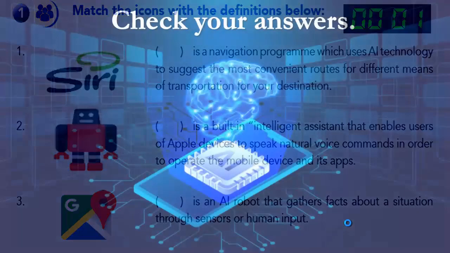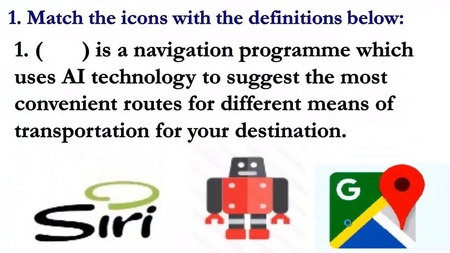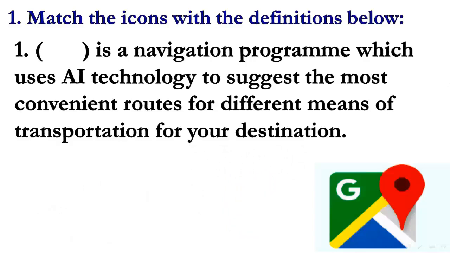Let's check your answers. The first definition here is a navigation program which uses AI technology to suggest the most convenient routes for different means of transportation for your destination. So which icon here? Yes, excellent. This one, a navigation, okay, or Google Map application.